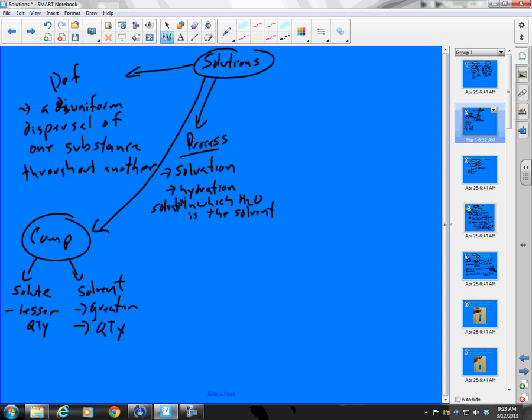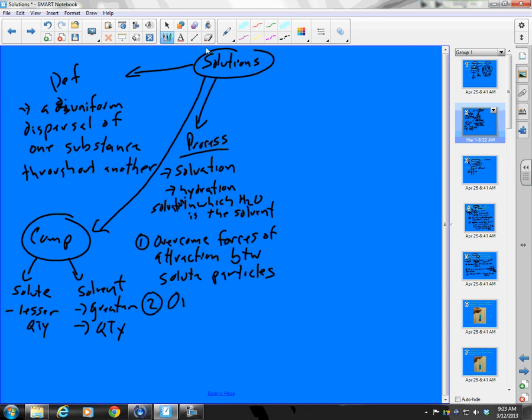And then we said, hey, that process really has 3 steps to it. Number 1, we have to overcome the forces of attraction between my solute particles. We're not talking about breaking the bonds of a molecule here, are we? We're just talking about, if it's a molecule, overcoming those IM forces, intermolecular forces.